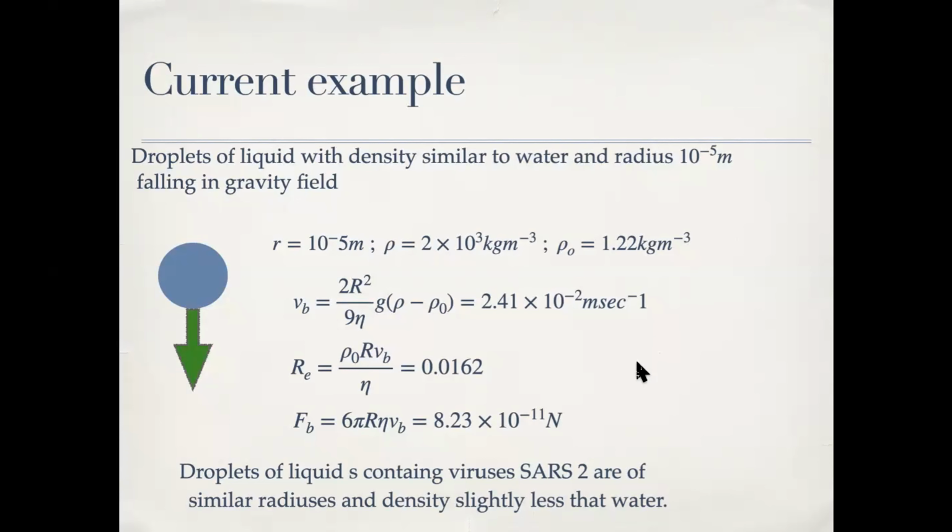So you can now do the calculation, and if the density is slightly less than water, then the droplet goes up and floats in the air. And if it's only slightly larger than water, then it falls down. And as you see, the velocity is 10 to the minus second meter per second.